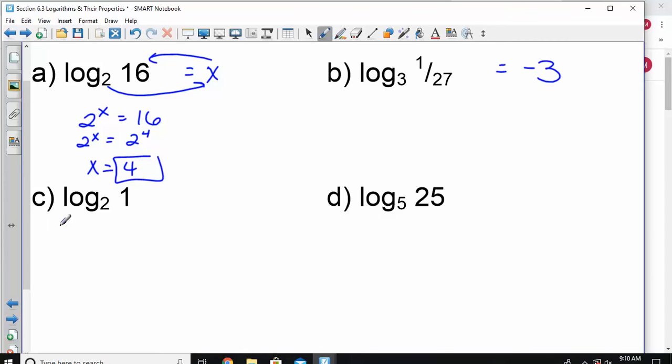Yeah, it's saying 2 to what power equals 1, so that one is 0. All right, D, log base 5 of 25. 5 to what power equals 25? That would be 2.